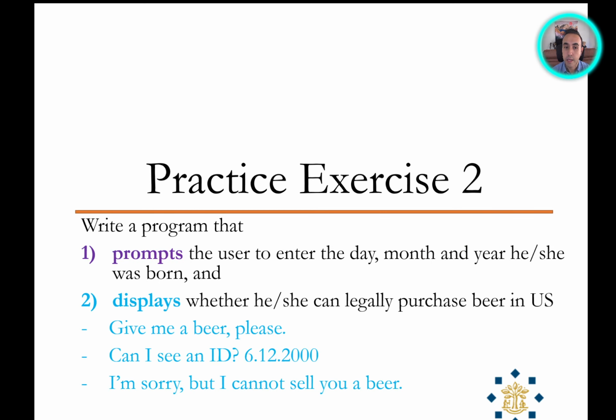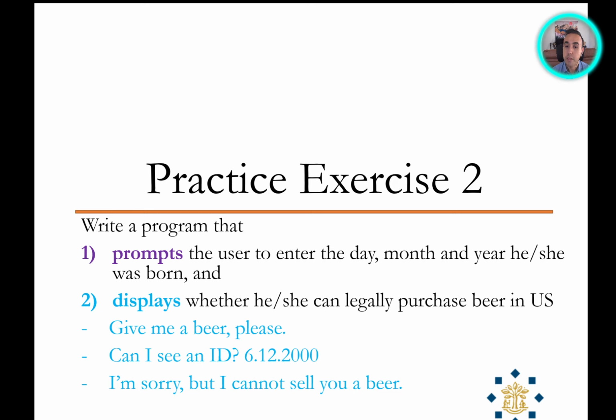And the second exercise, I'm asking you to write a program that prompts the user to enter the day, month, and year that they're born, and display whether he or she can legally purchase beer in the United States. So here in this example, you ask, give me a beer, please. And then the guy says, can I see an ID? And in your ID, you're born the 6th of December 2000. Means that you're under 21.